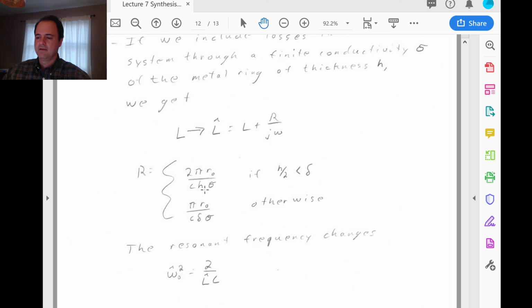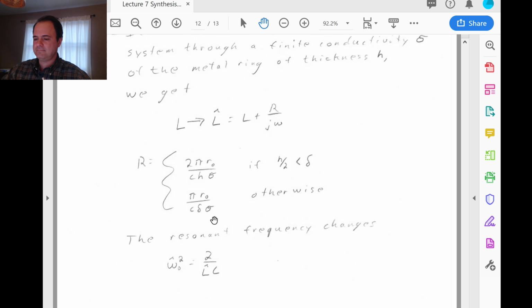Okay, but if it is thick, then R is equal to pi R naught, the radius of the wire, C, the width of the wire, over delta, the skin depth, times the conductivity, namely the conductivity in the denominator. So that's because the current is only flowing within the skin depth on either side of the material.